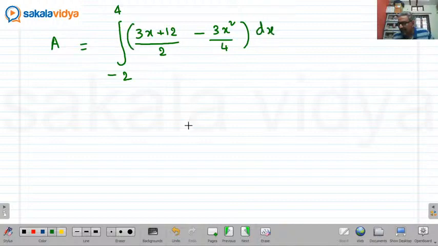Okay, let us integrate it now. We can write 3 by 2 common.